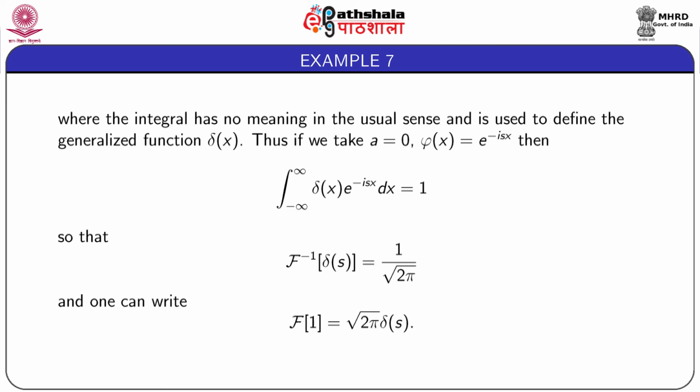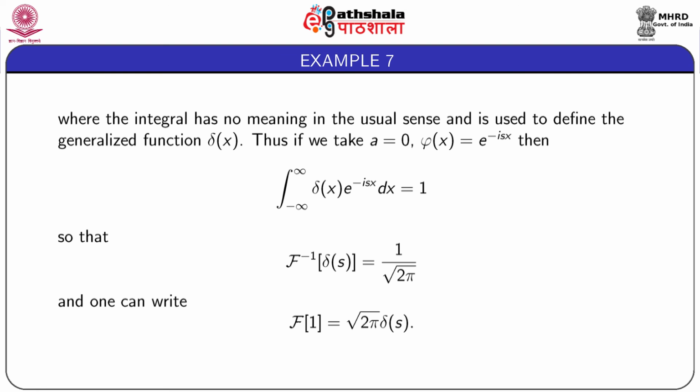Thus, if we take a equal to 0 and phi(x) equal to e to the power minus i s x in this integral, then we have integral minus infinity to plus infinity delta(x) e to the power minus i s x dx equal to 1.